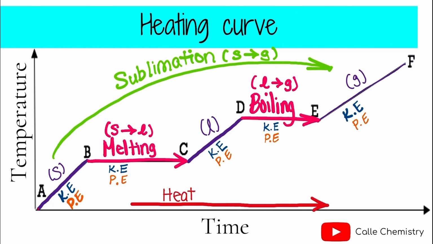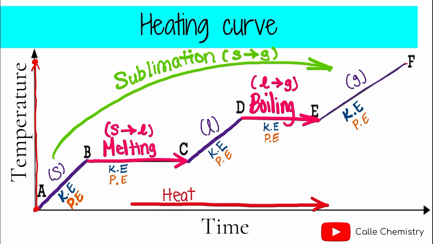Now, the reason that this is called a heating curve is because point A starts at a low temperature. And point F, if we follow it to the y-axis, ends at a high temperature. So here we see that the temperature is going up. Now, temperature is directly proportional to average kinetic energy.